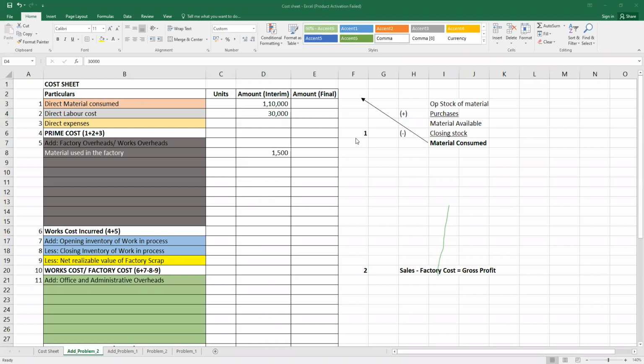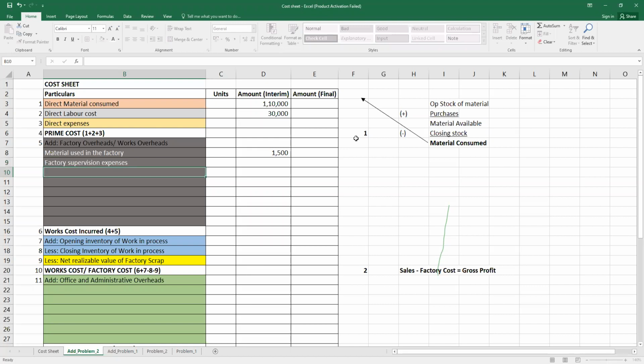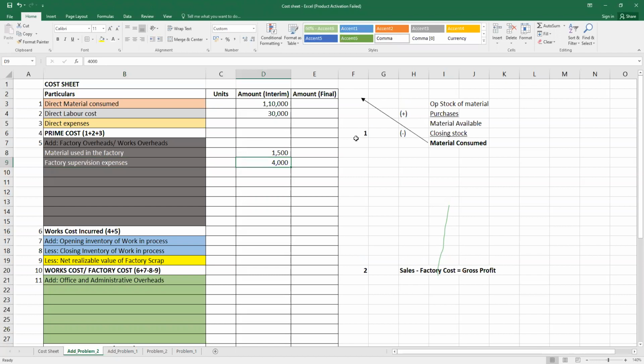Then we have factory supervision expenses 4,000. Factory supervision expenses amounting to 4,000.